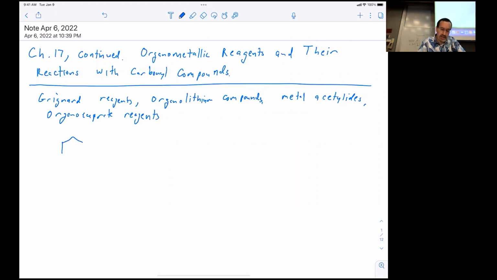Let's take a look at an example of each of these classes of organometallic reagents. So this is an example of a Grignard reagent. It's called phenyl magnesium bromide.